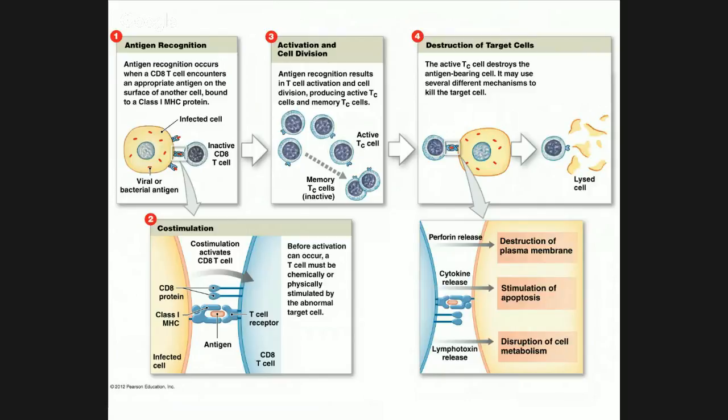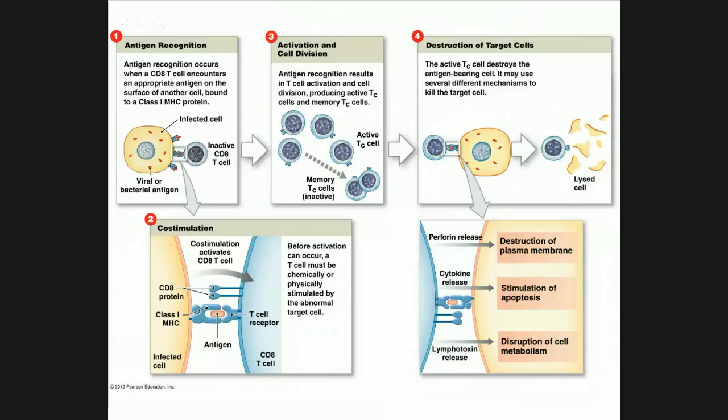Again, ideally to cause apoptosis rather than lysing the cell, which can potentially release whatever has infected this cell to go out and infect other cells in the body. But a dead infected cell is better than a living infected cell, so if apoptosis doesn't work, lysis is better than nothing. And then you'll have cells in the vicinity that help fight off other cells that get infected by the same thing.